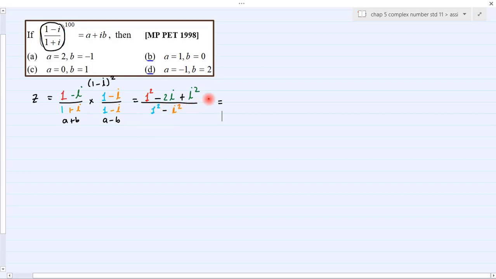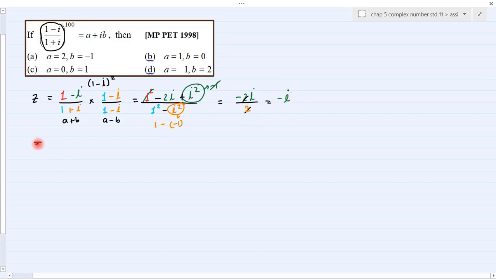In further simplification, i square is nothing but minus 1. So the 1 and minus 1 will cancel out and we will get minus 2i. In the denominator, this i square will be replaced by minus 1, so we will get 1 minus minus 1, or we can say 2. So this 2 will cancel out and your z will be minus i.